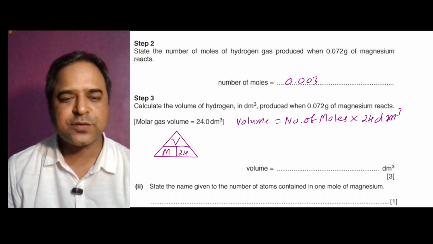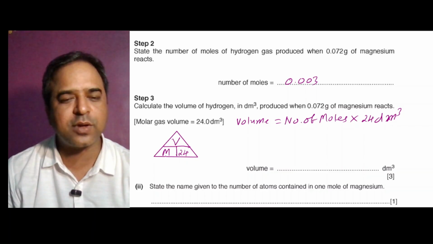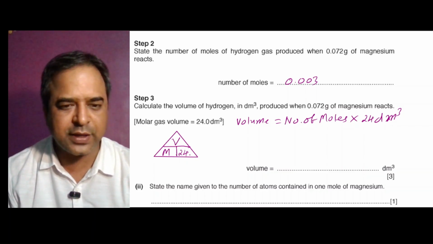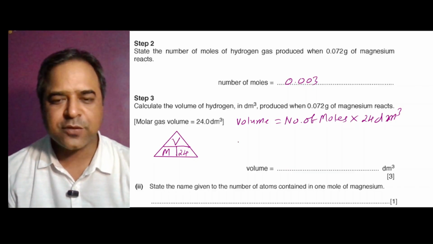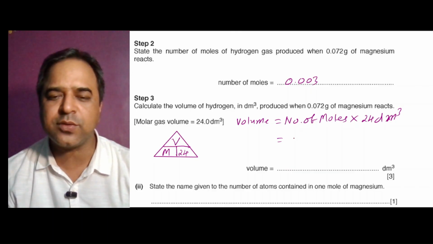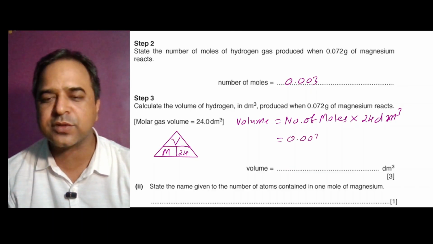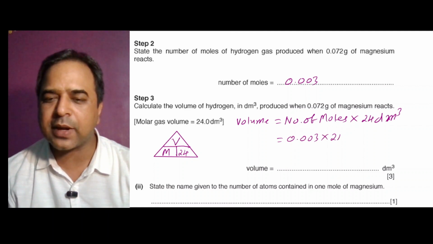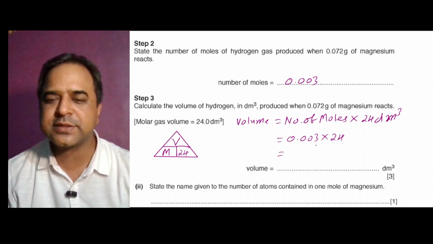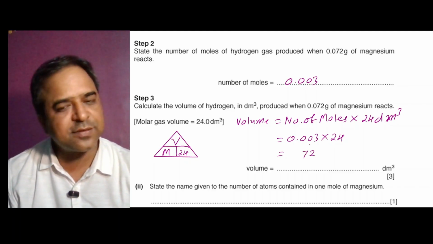If you have to find out number of moles, it is given volume divided by 24 dm cube. So this is how we will be substituting now. Volume is equal to 0.003 multiplied by 24. When you multiply this, 4 3s are 12, 3 twos are 6, 7. And 3 decimal places.